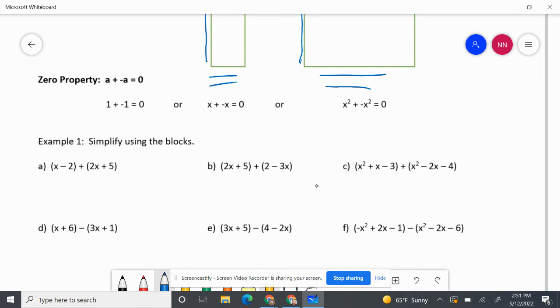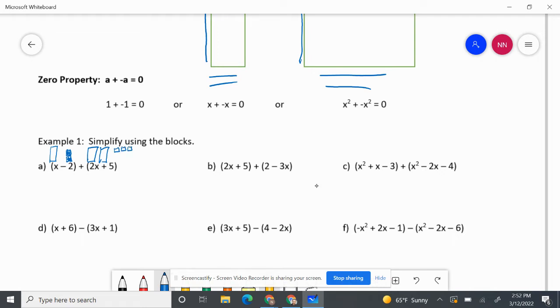So we have a length of x, and then we have -2, so that would be 1 and 2. And then I fill it in as a negative. And then I have 2x, and so we have 2 blocks that are x length. And then I have 5 littles.